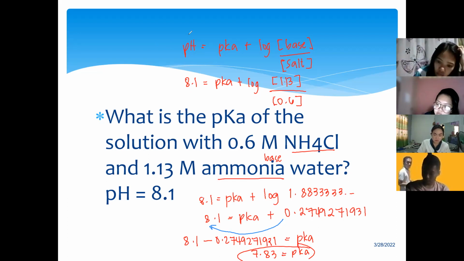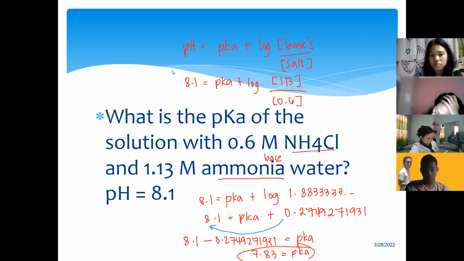Who got the correct answer? 7.83. Si Darlene. Mag-base sa given if base or acid. So again, mag-base sa given if anong formula yung gagamitin.